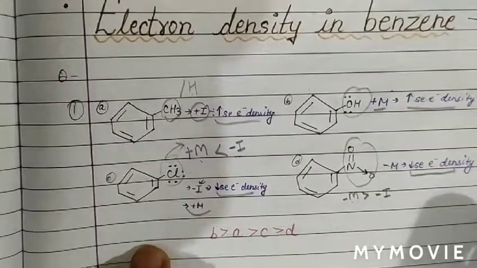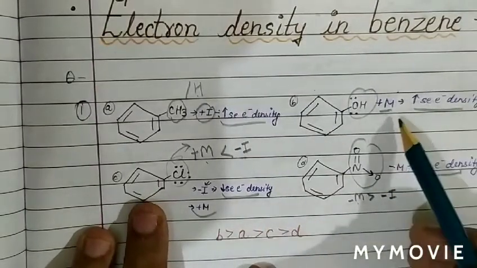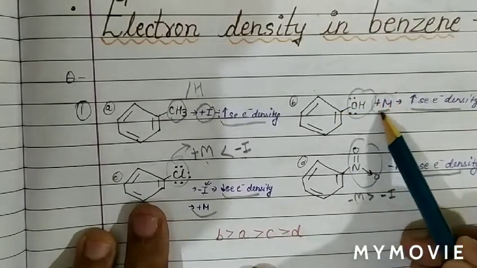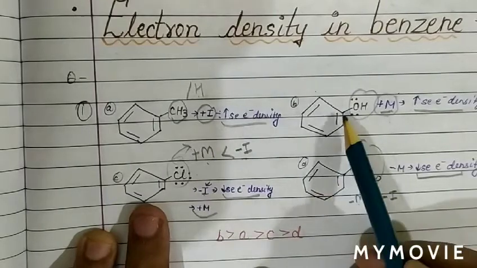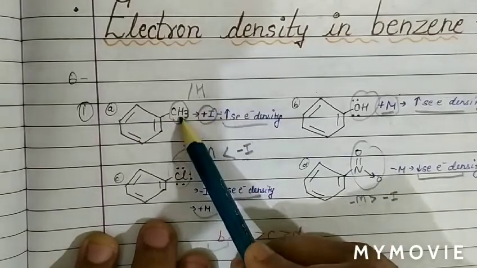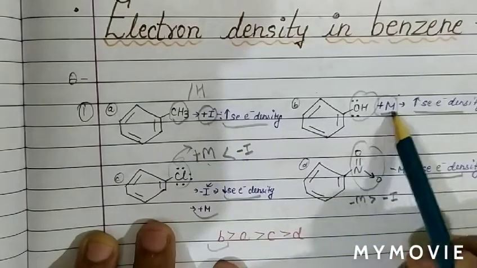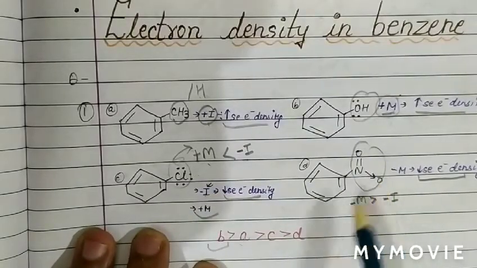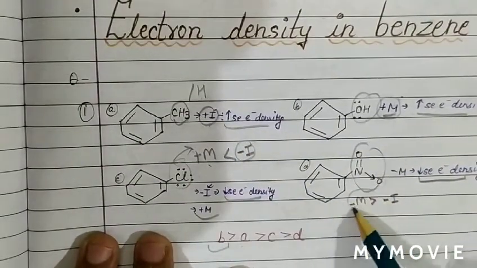So basically we can say electron density order. Most electron density is present in case of phenol, because plus M increases the electron density with more power with respect to plus M and plus H. So the most electron density is present in case of B. Then A also increases electron density, but the plus H and plus I are less powerful with respect to plus M. Then Cl and NO2 decrease the electron density, but in Cl there is minus I effect, and in NO2 there is minus M effect.